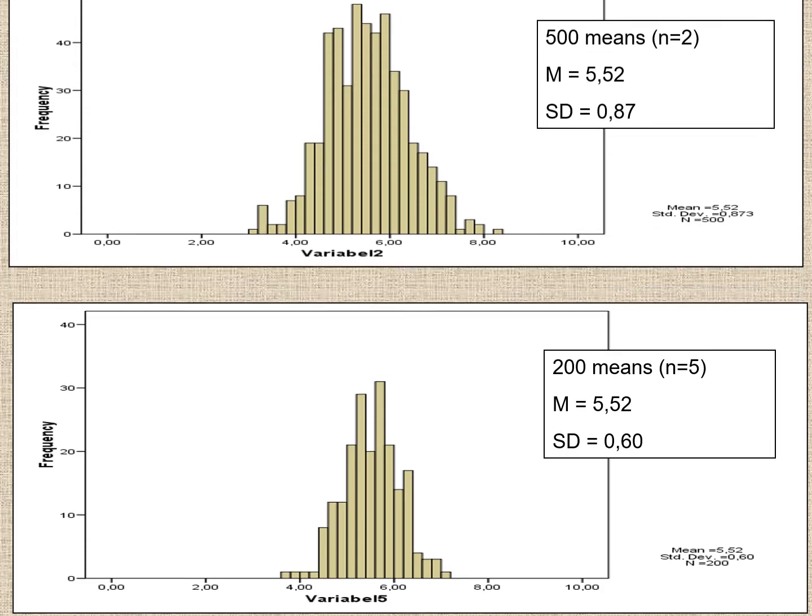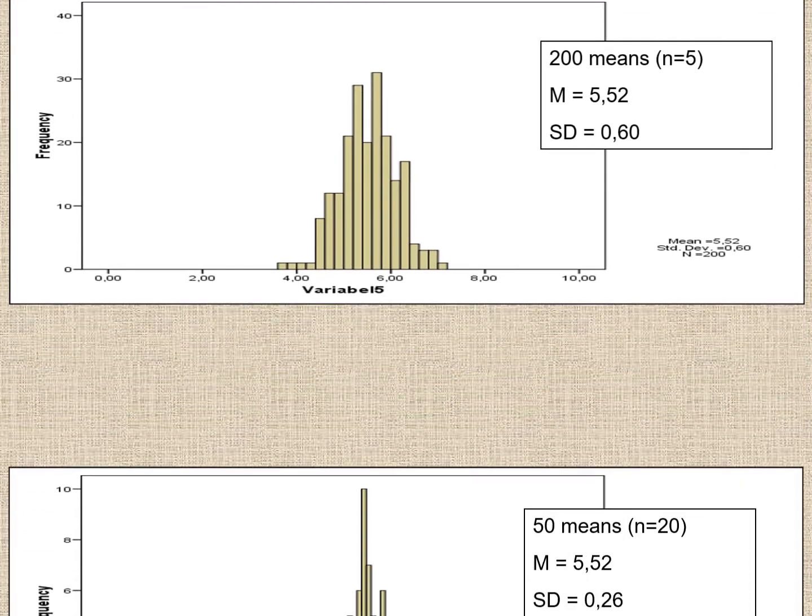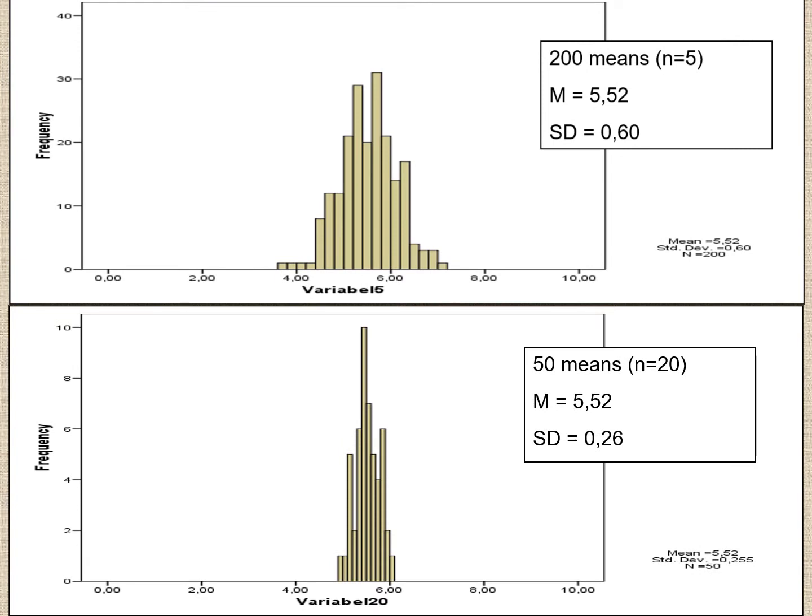And if we continue even further, we divide the 1,000 individuals randomly into 50 samples with 20 persons each. The mean of the 50 sample means is still 5.52, but we get an even smaller standard deviation. The standard deviation of these sample means is 0.26. We get an even peakier distribution.